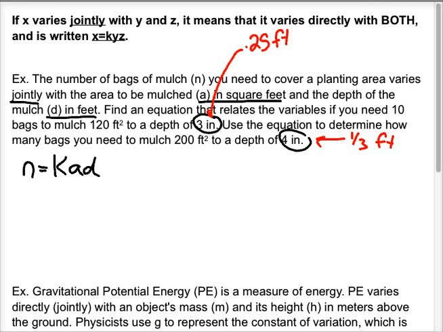But now let's plug in what we know. So I'm going to use all the information from here to here. Find an equation that relates the variables. If you need 10 bags, so that's going to be N, 10 bags to mulch 120 square feet to a depth of 3 inches, but again, we already converted that to 0.25 feet.